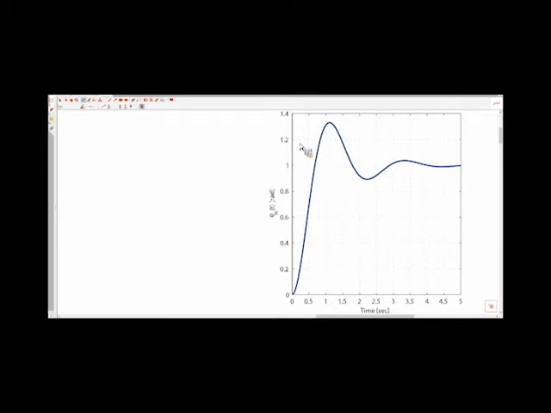We knew what the input was. The input was a step function, so it means that the input to the system looks like this, and for time less than 0, it was 0. Now, what is k tau? We're going to try and back out what this is from this experiment.